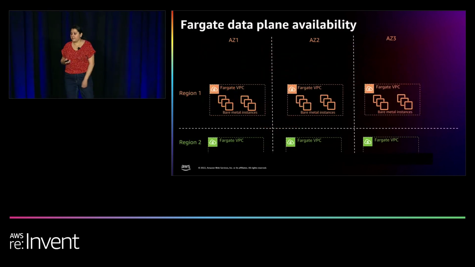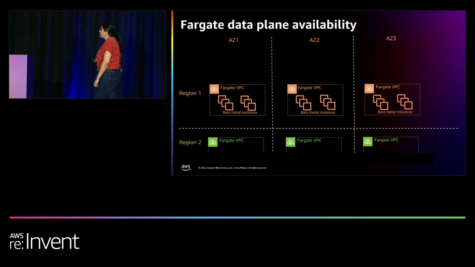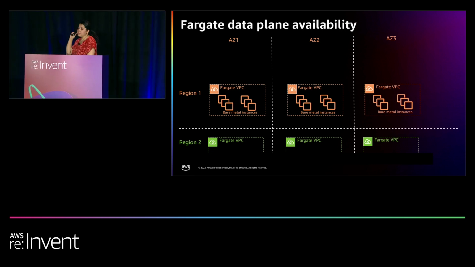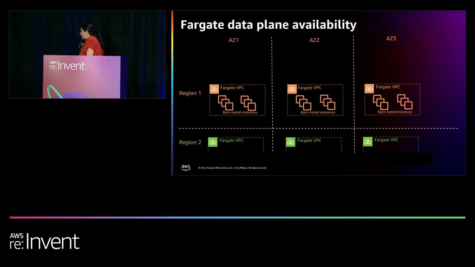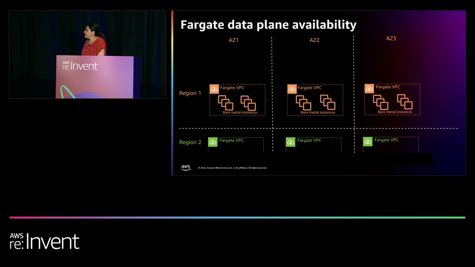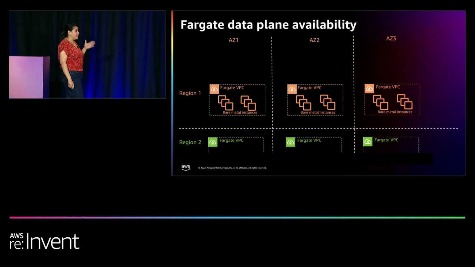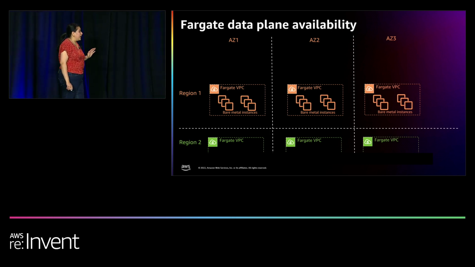So let's talk about the Fargate data plane availability. Again, similar kind of concept. That Fargate VPC that we talked about that has the bare metal instances, we're not just running one of that per region. We actually have zonal VPCs. So we have single subnet VPCs completely separated out zone by zone.